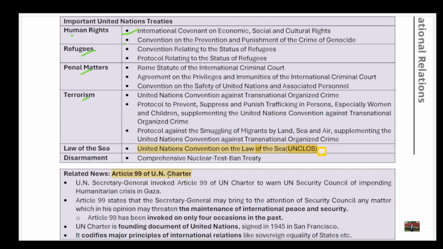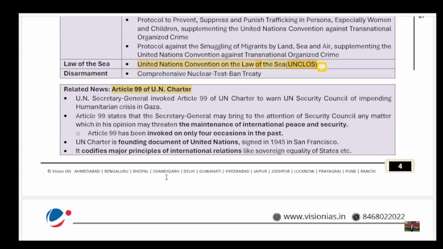All right. Now there is recent news related to the UN Charter, right? And the news in concern is Article 99 of the UN Charter. So what is Article 99? Article 99 basically states that the Secretary General may bring to the attention of the Security Council any matter which, in his opinion, may threaten the maintenance of international peace and security.